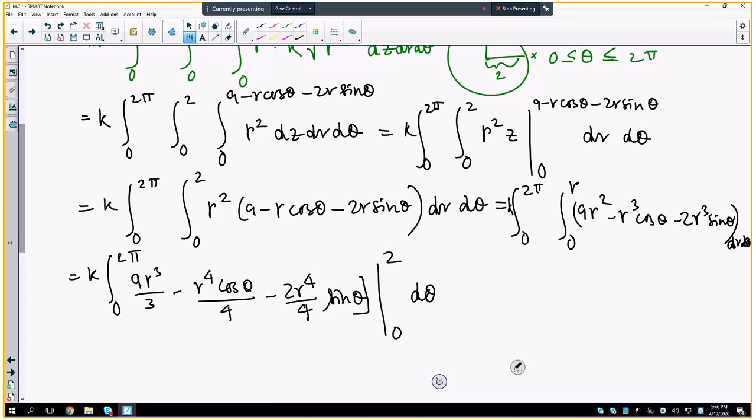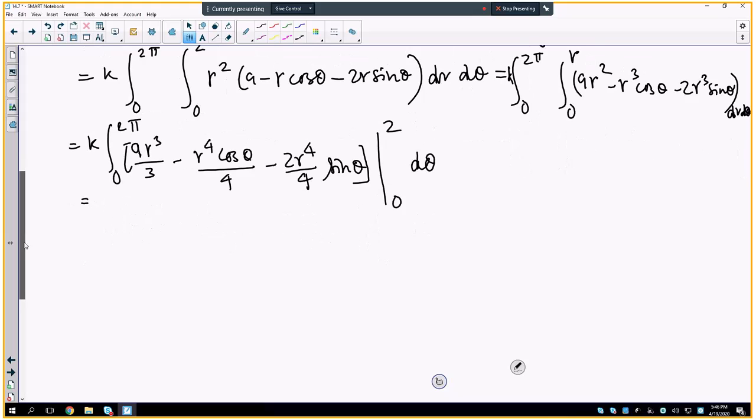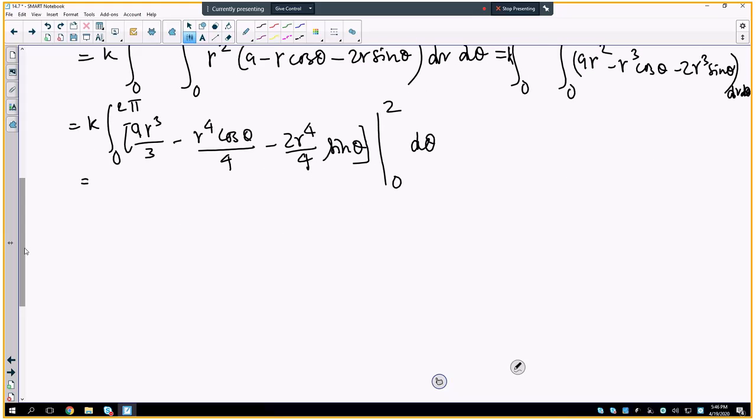So let's put in r equal to 2 now and see what we get. Because r equal to 0 is not going to contribute, don't worry about that. I get k times the integral 0 to 2 pi. Now 9 over 3 is 3, so you get 3 times 2 to the power 3 minus 2 to the power 4 times cosine theta over 4.